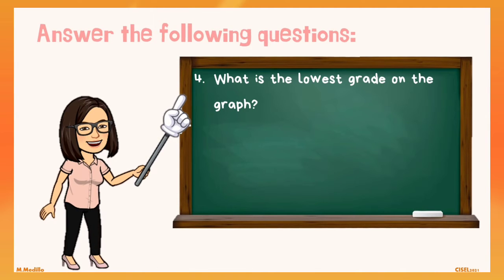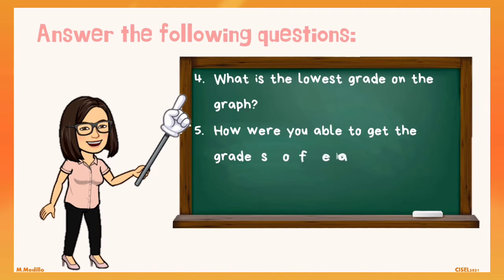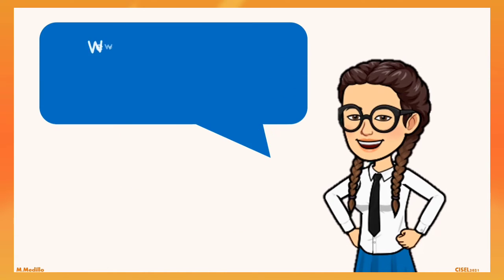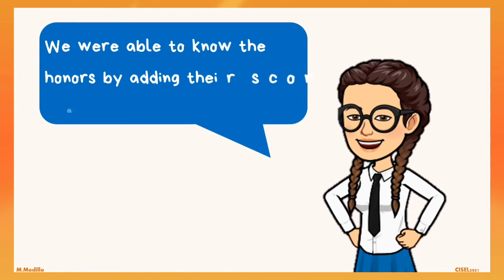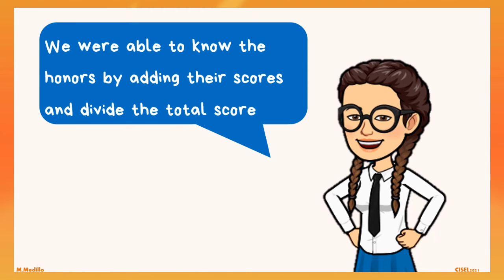Excellent! Next, number 5. How were you able to get the grades of each honor pupil? We were able to know the honors by adding their scores and dividing the total score.